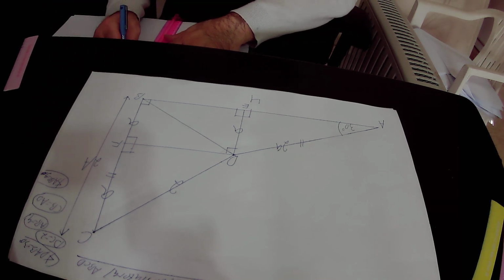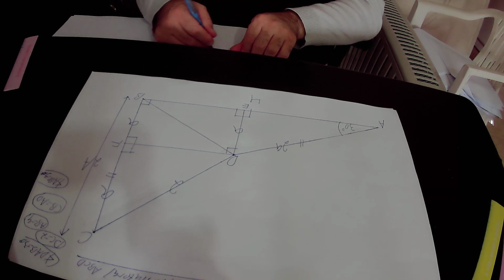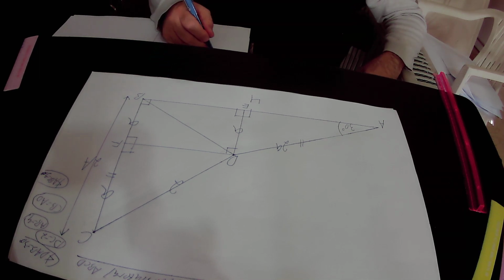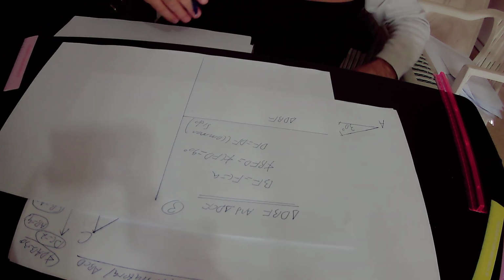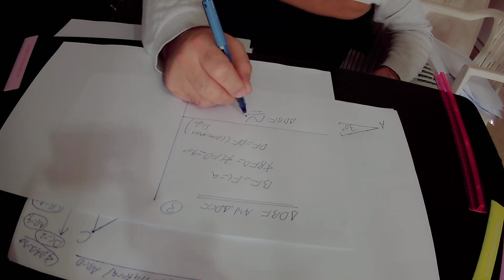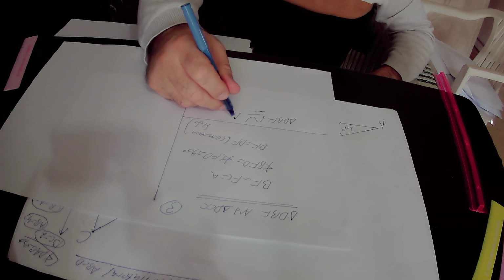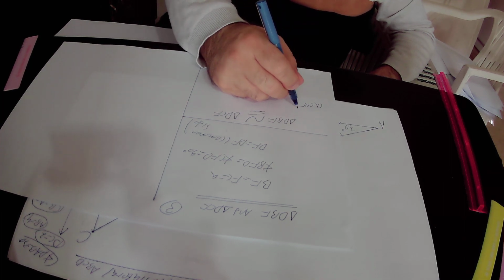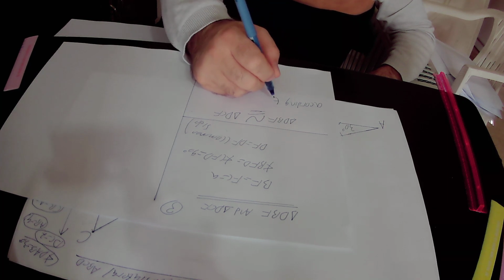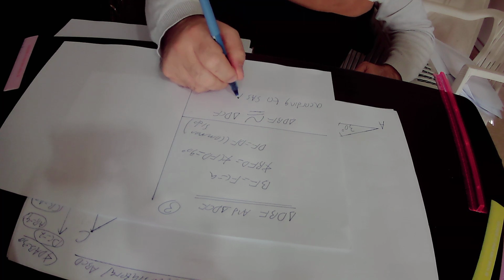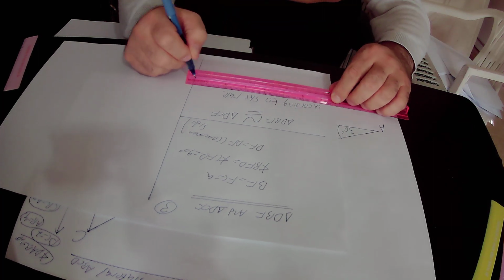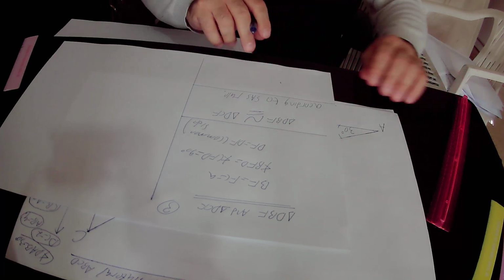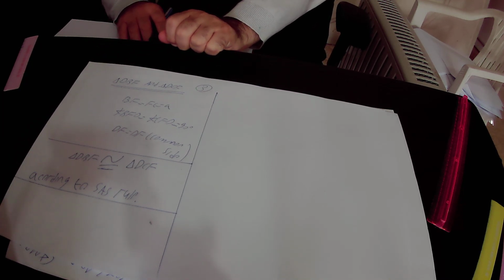So we actually proved that triangle DBF is congruent to triangle DCF according to the side angle side rule.